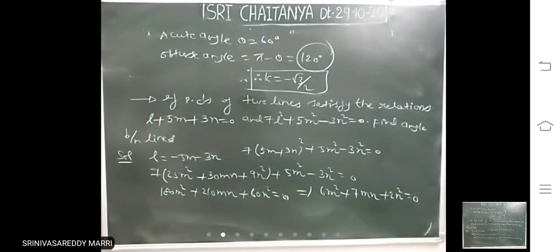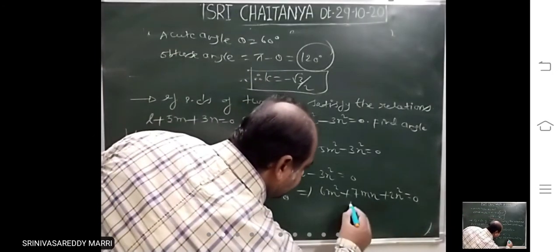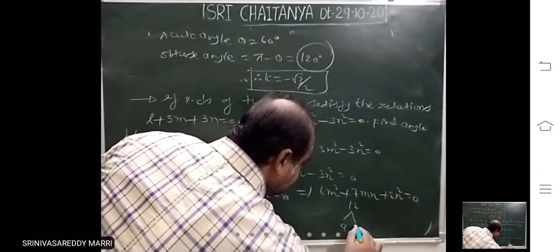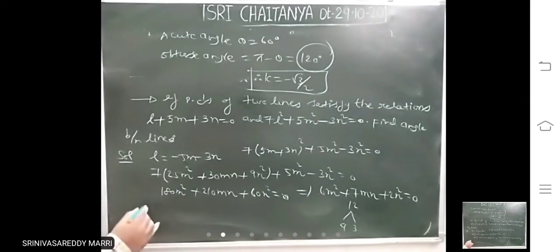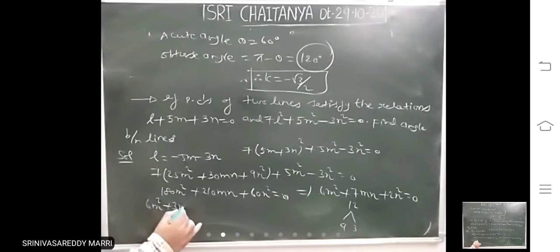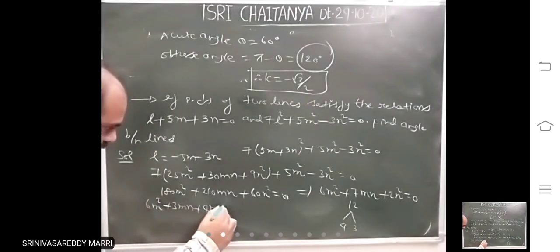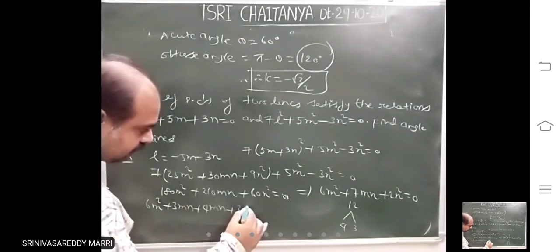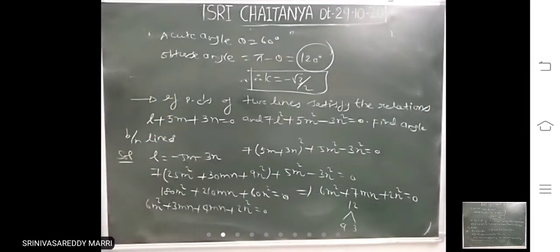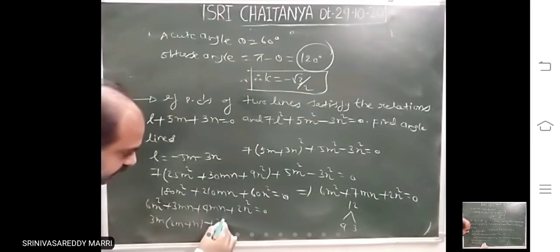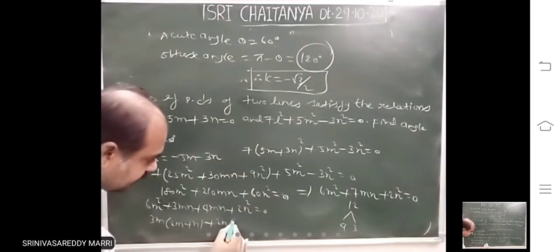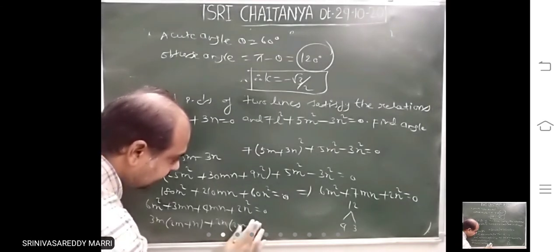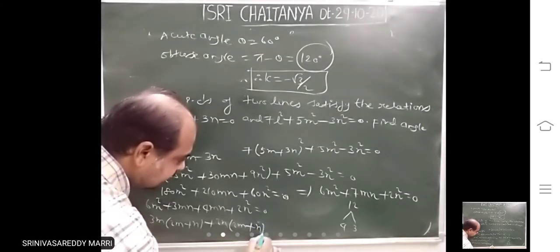You have to factorize it. Look at 6 into 2, which is 12. 7 is there, you can write it like 4 into 3. Factorize that, equal to 0. Now take 3m common, and 2n common, you will get 2m; just polynomial factorization.